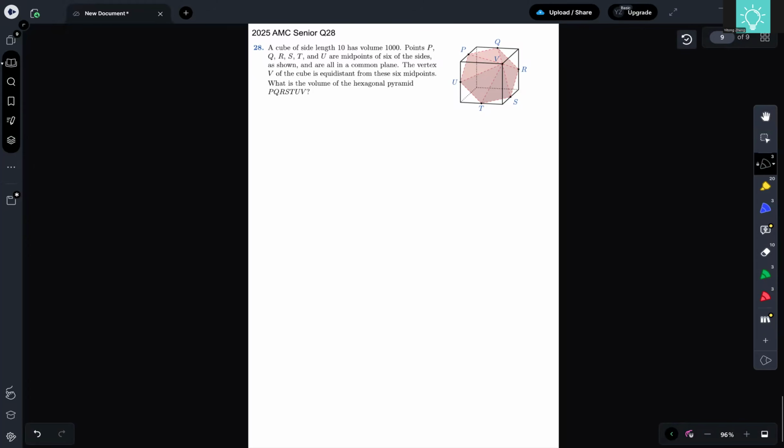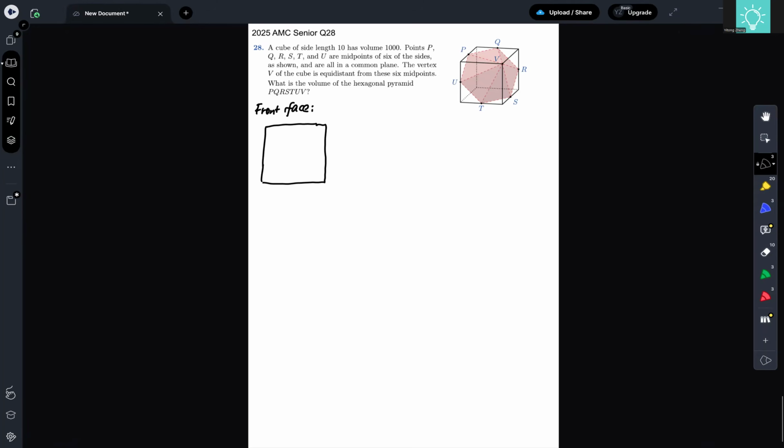Okay, so let's focus on this front face that's facing us. Let's see what we can get. Because it's a cube, we have a square, right?